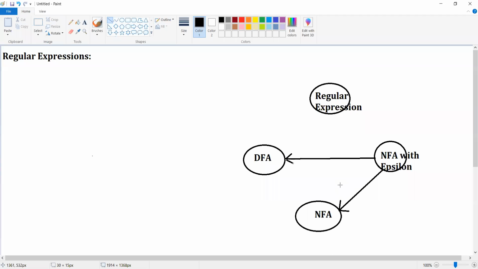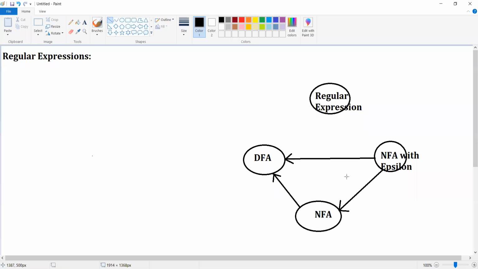That's the first one. Suppose you have an NFA with you, we can easily convert that NFA into DFA also. So far we have done with this.